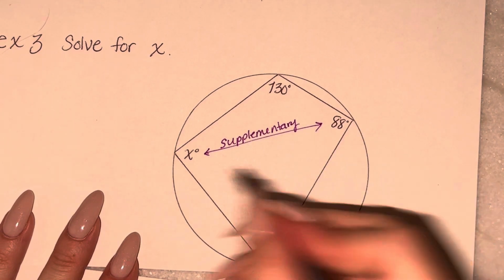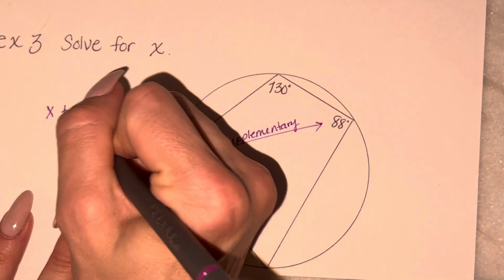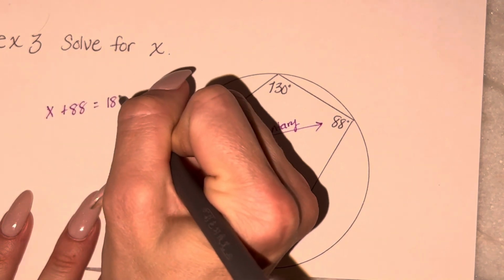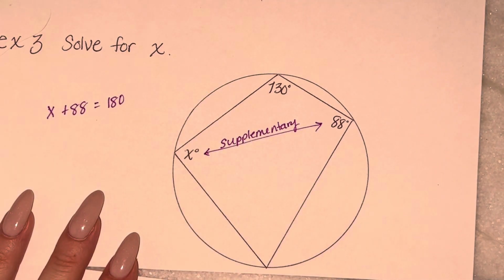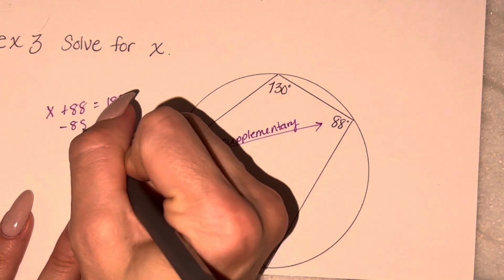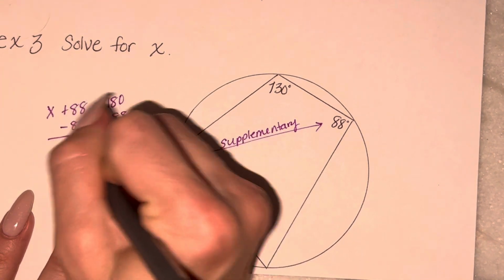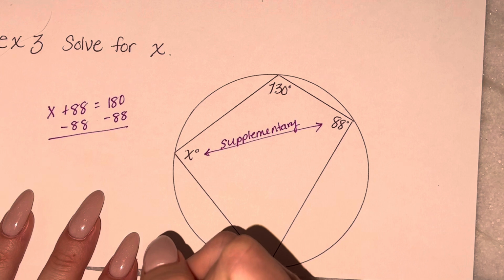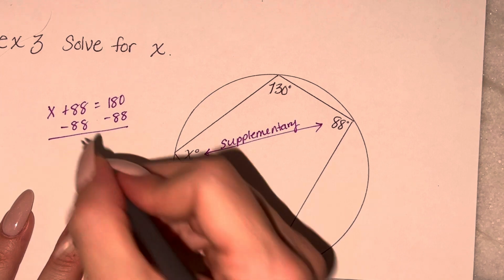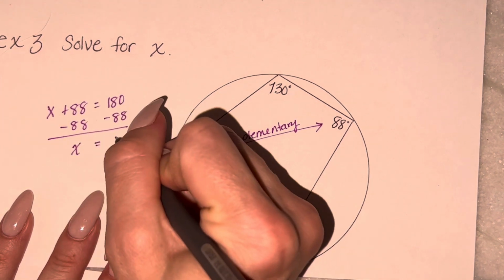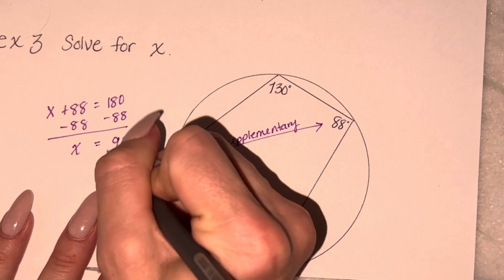So I would say that X plus 88 equals 180. So to get my answer, I would have to subtract 88 from 180. So I would get that X is equal to 92 degrees.